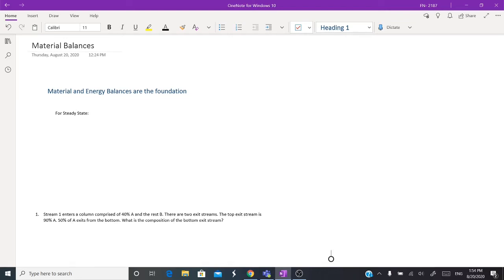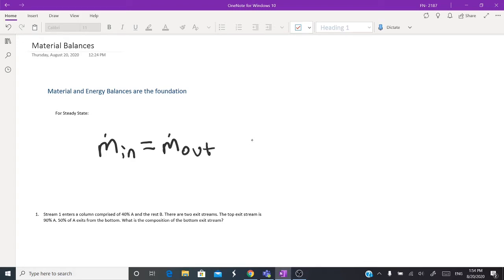Today we're going to talk about material balances, and material and energy balances are the foundation for all of chemical engineering. So it is very important to get some basic understanding of material balances. At the beginning, we're just going to be talking about steady state, and for steady state material balances, the mass flow rate in is going to equal the mass flow rate out.